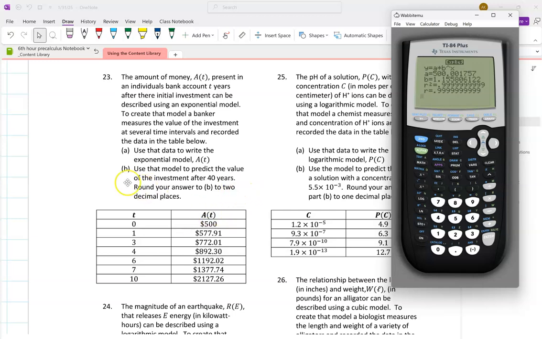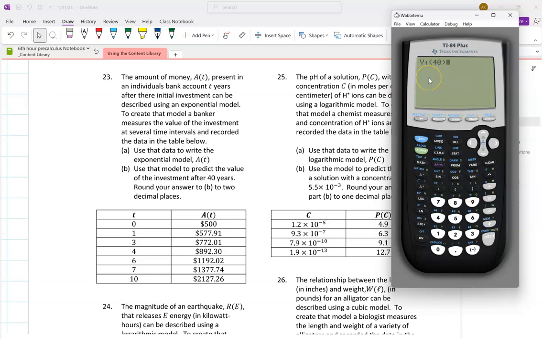All right. For part B, now I want to do Y1 of 40. So I'm still on the main screen, so I've got to do Y1 of 40. Where do the Y's live? Vars. Then Y vars, and then function, and then Y1, and then I'll do parenthesis 40. Notice that this is not times 40.